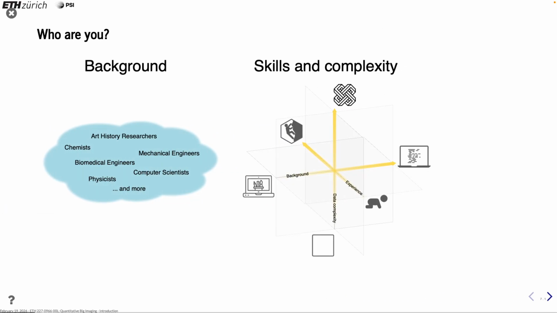So, who are you? This is just an assumption, but you have very varied backgrounds. We have had art history researchers and we have had computer scientists. In between there are physicists, mechanical engineers, essentially everything you can dig out around ETH and also other universities. Skills and complexities can also be very varied.